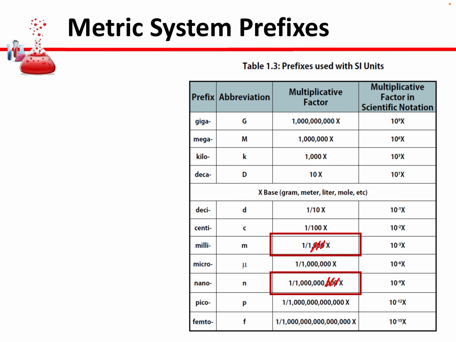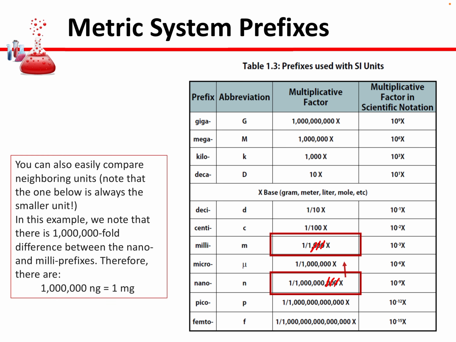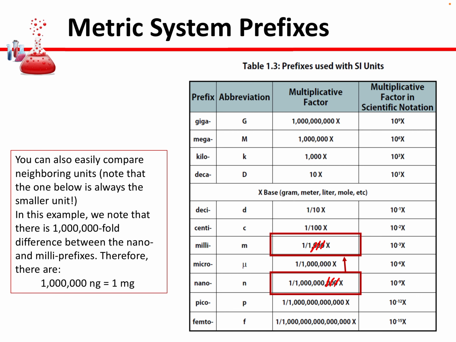So there would be 1 million nanograms in 1 milligram, if we were looking that way to build another conversion factor. Okay. This kind of making sense? Using the table takes a little bit to get used to, but once you have it down, it makes it really easy to transfer in between the different units.